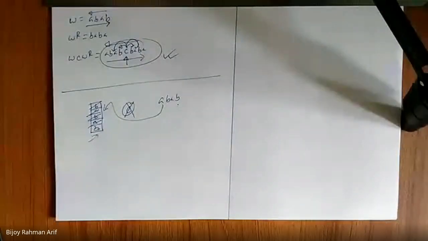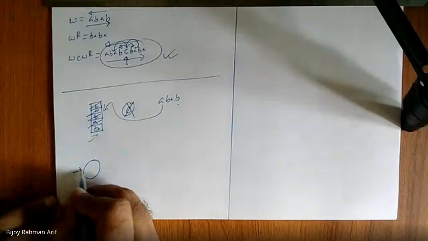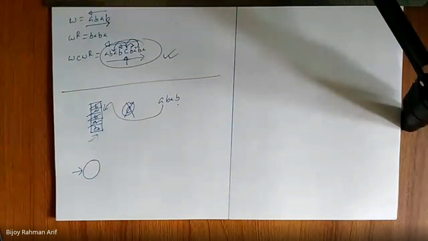Okay, guys. So how can you draw the PDA? Tell me. Starting from the start state, initially my top of the stack is Z0. I get something. What can I get?